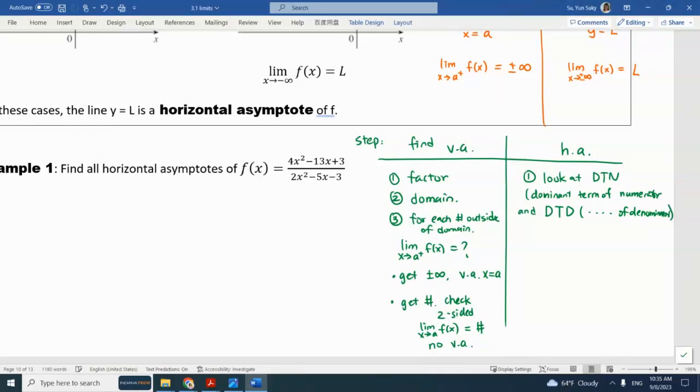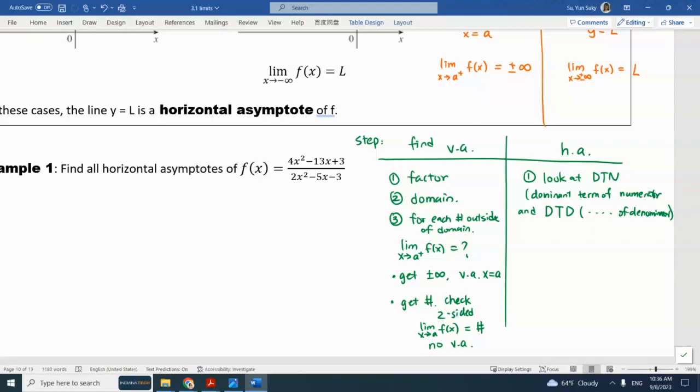Let me write it down. From now on, to make things easy, we just call it DTN, dominant term of numerator, and DTD, dominant term of denominator. Is that okay, everybody? It's like DNE, does not exist.